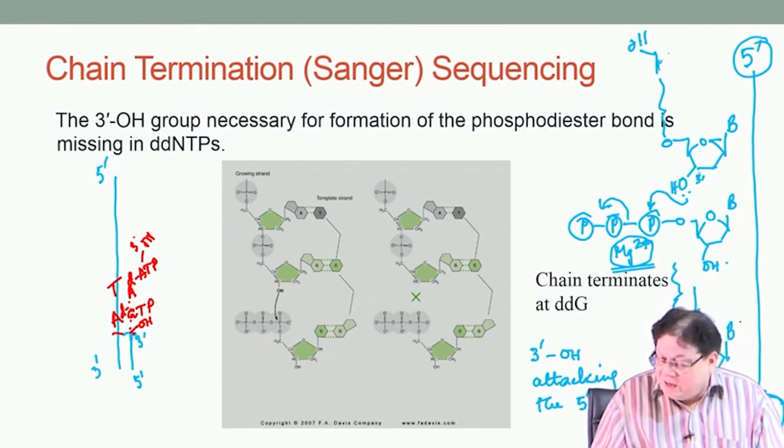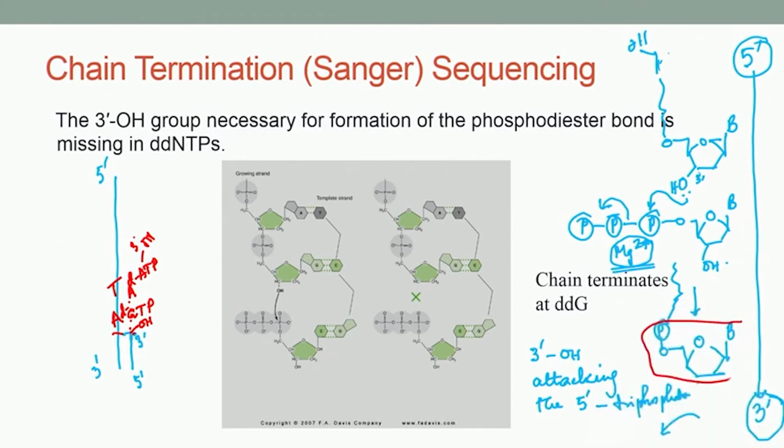I said this is the dideoxy. So, he also added the dideoxynucleoside triphosphate.